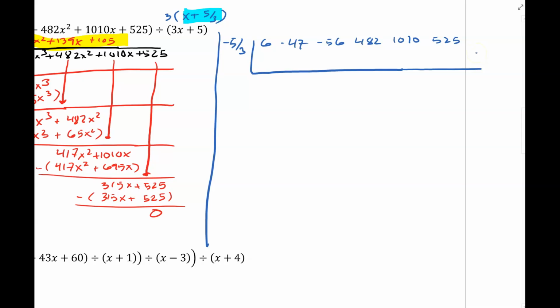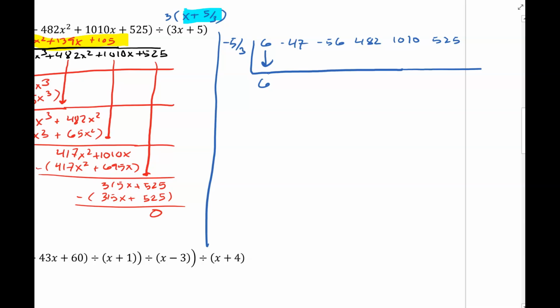Everybody so far so good? You see the trick that I used to make this into a synthetic division problem? There's still going to be some little adjustment I have to do from taking that 3 out. But I don't need to worry about that until the very end. I can do the division.